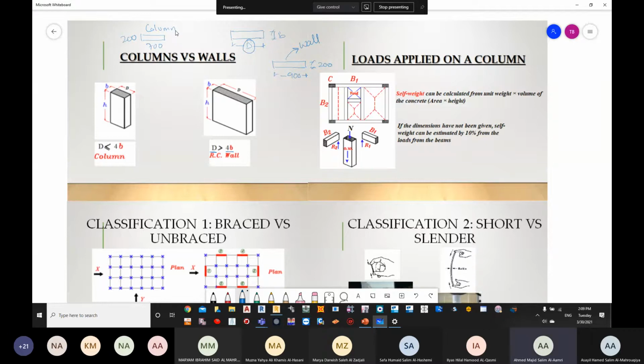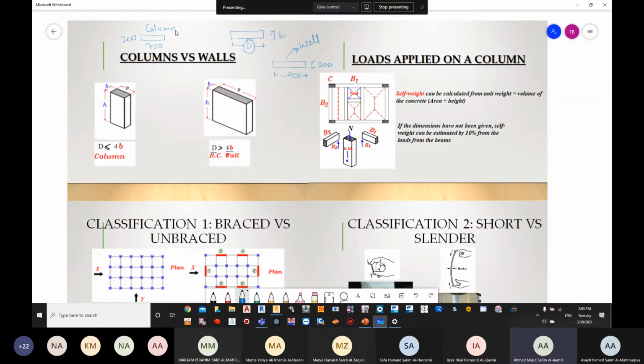If I bring you in the examination 2 vertical members with the cross section, you should be able to figure out which one is a column and which one is a wall. Okay.